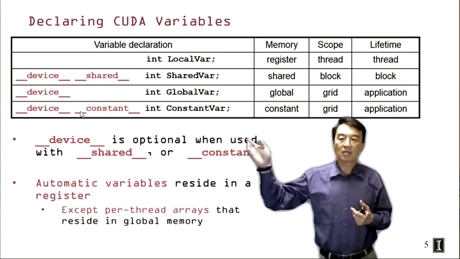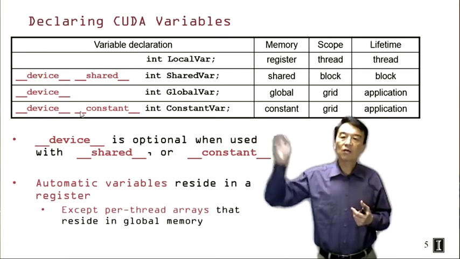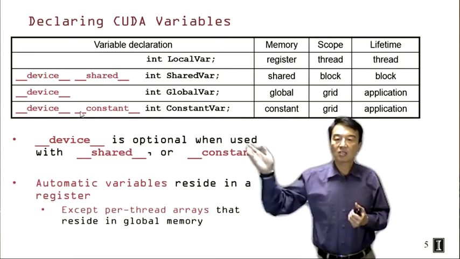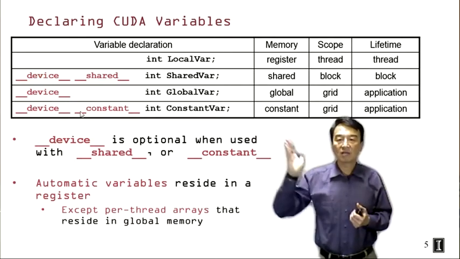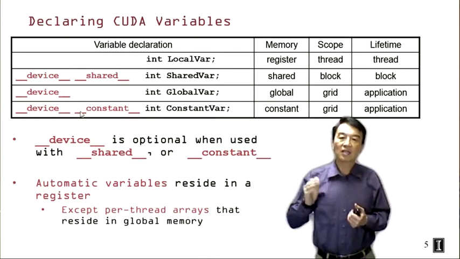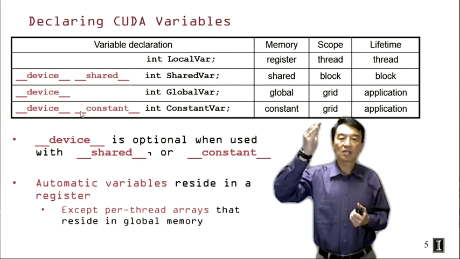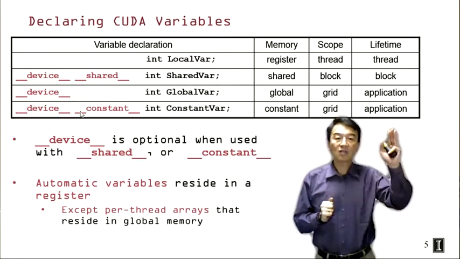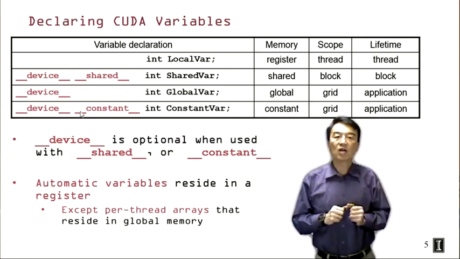But constant memory can be declared very much in the same way as global memory variables. It's just that we use the __constant__ qualifier instead of __global__, just the __device__ qualifier. And so it's going to be in constant memory, and it's going to be visible to all the threads as well. And the lifetime of the constant memory variables is also at the application level.